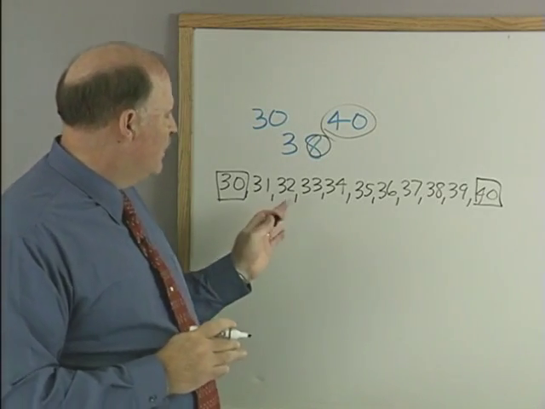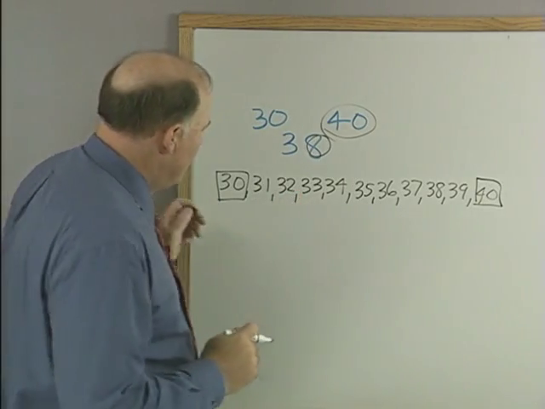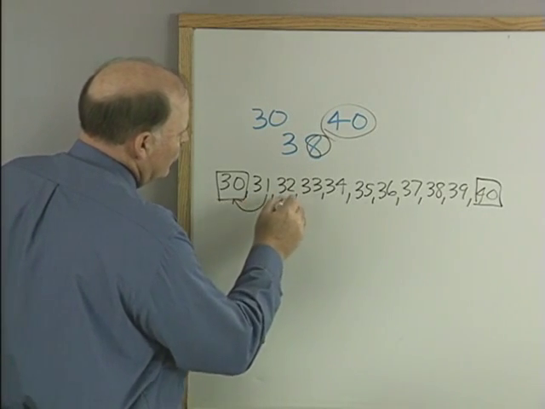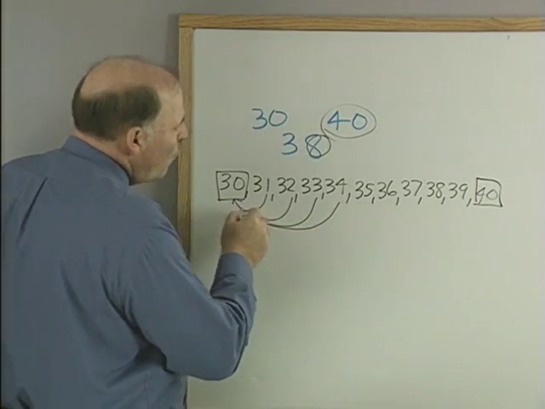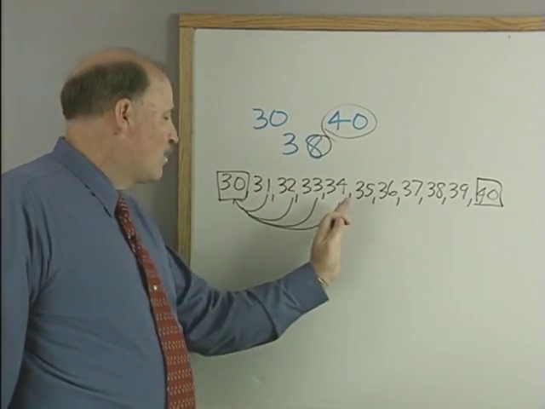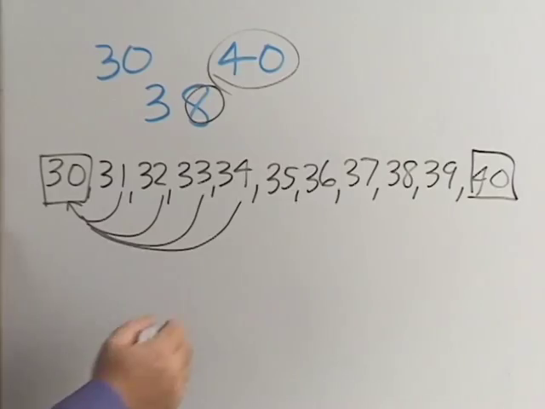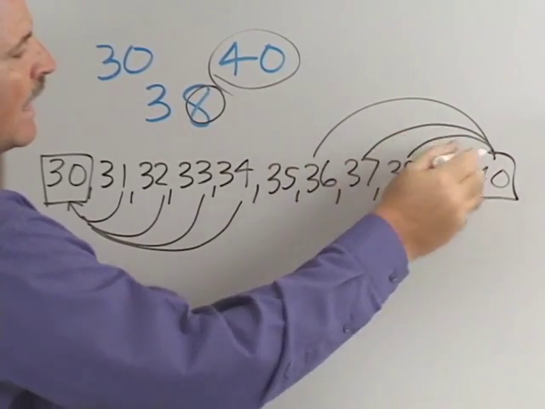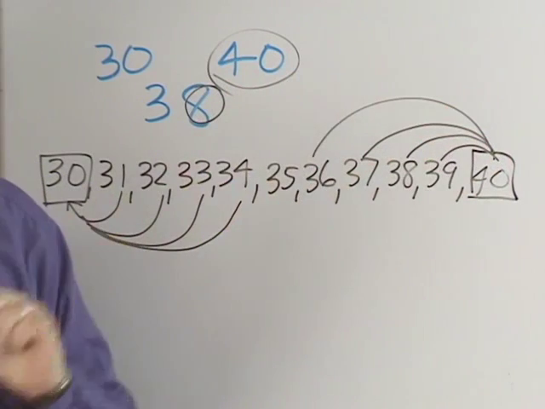What if the number had been 32? 30. It turns out that if it ends in a 1 or a 2 or a 3 or a 4, it rounds down to the 30, okay? But if it's a 6 or a 7 or an 8 or a 9, it rounds up to 40, all right?